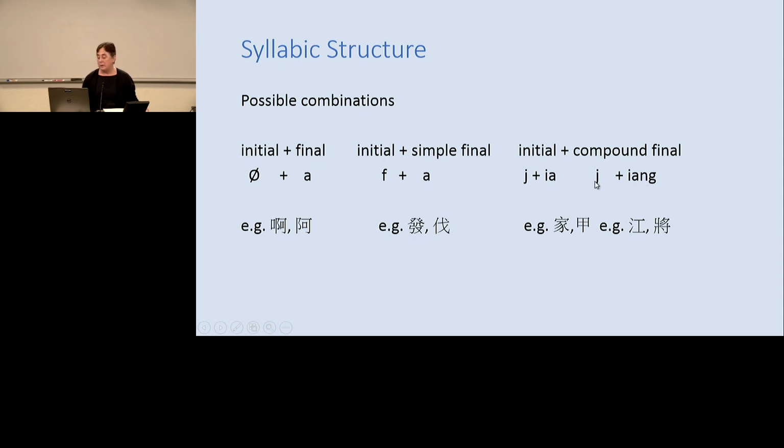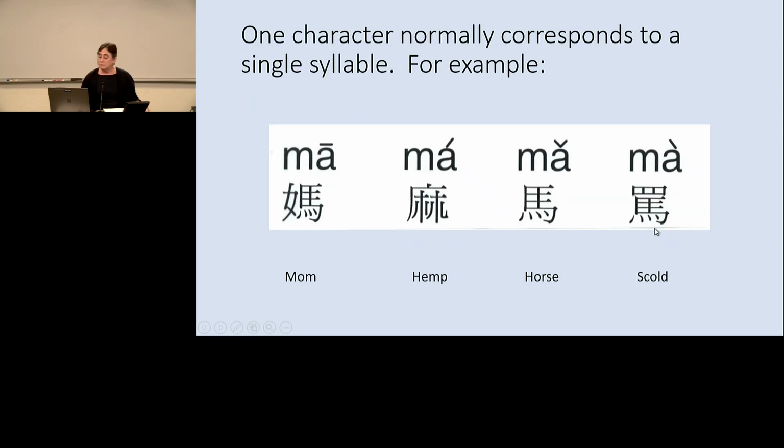We add the initial j again, and a possibility might be first tone, jiāng, and here are two different characters, both of which are pronounced first tone, jiāng. One means river, the other can mean general. So let's go on a little bit more. You can see that there are many different characters that might correspond to the same sound, but here's some examples.